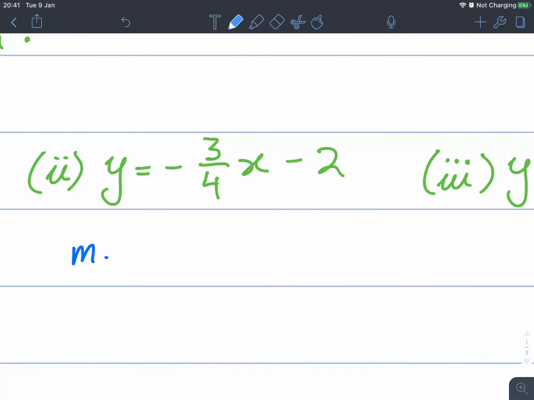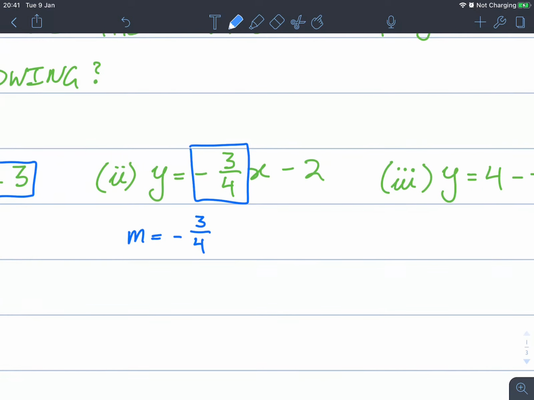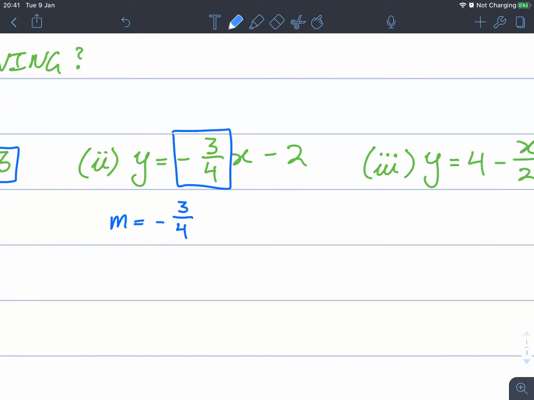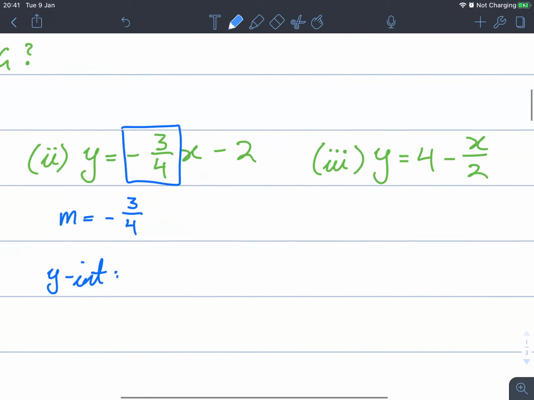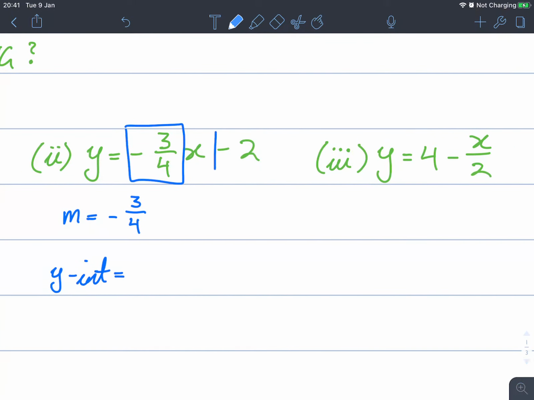In this one, our gradient is the value in front of x, so it's this entire value here. So the gradient is negative 3 on 4, whereas the y-intercept is given as negative 2.